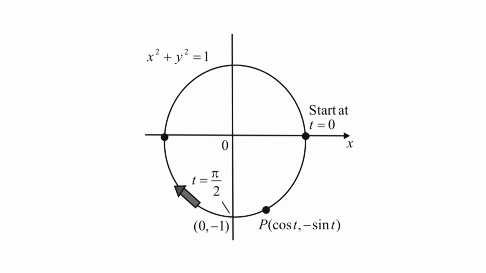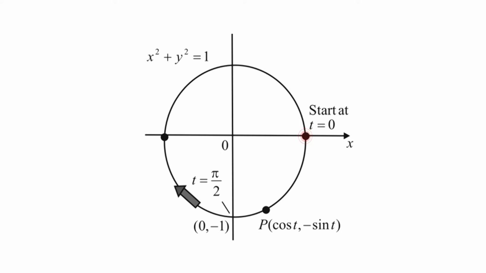Geometrically, corresponding to the parameter t, there is a point P with coordinates cos t, minus sin t on the curve such that t is the angle measured in the clockwise direction that the radius OP makes with the positive x axis. We track the points as t runs from 0 to 2 pi.